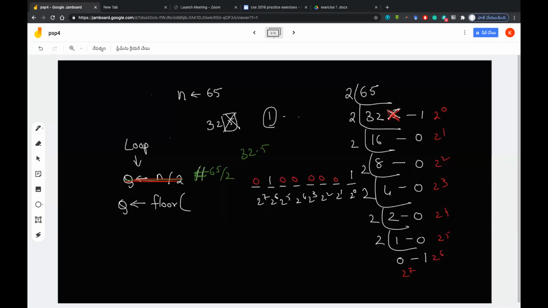So floor of n by 2. Now whatever answer comes, like instead of n by 2, that means 65 by 2, the answer might be something like 32.5. But what floor does is, it will appear like this, floor of 32.5, right?